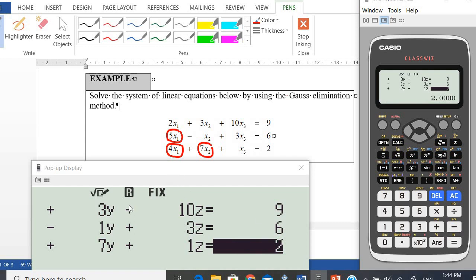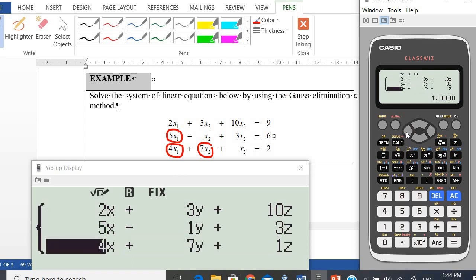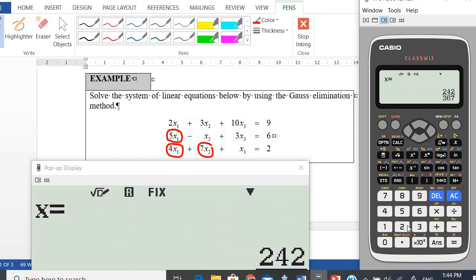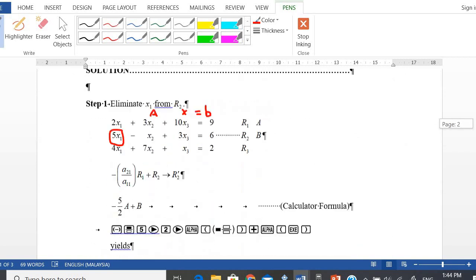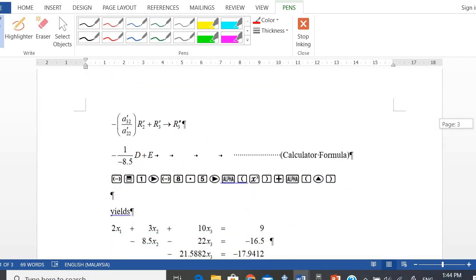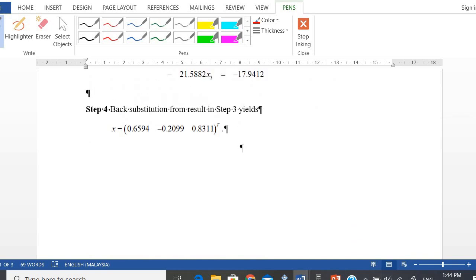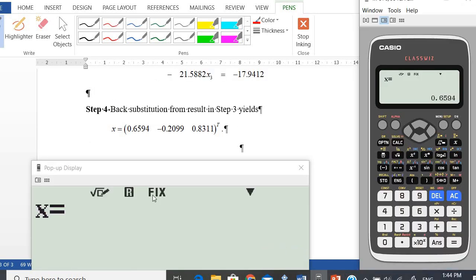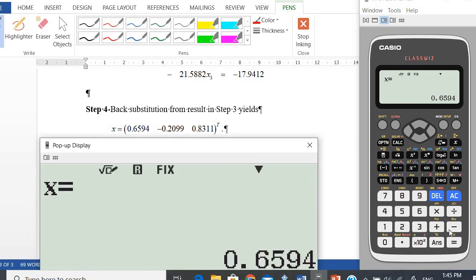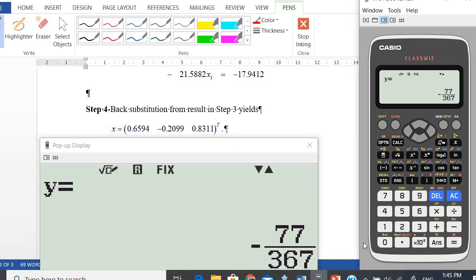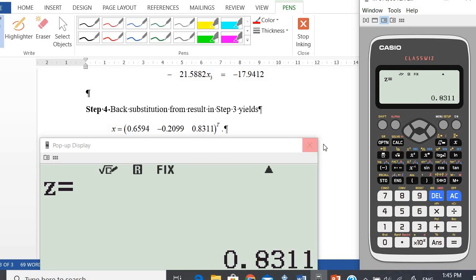So checking 3, -1, 7, 2, 5, 4. Okay, check with the last solution. 0.2098, 0.8311.